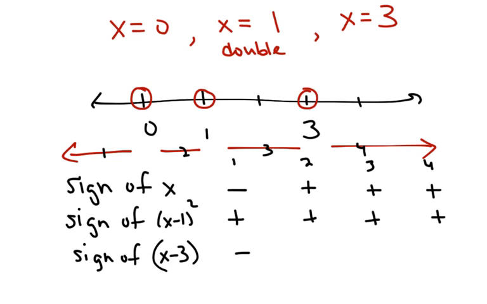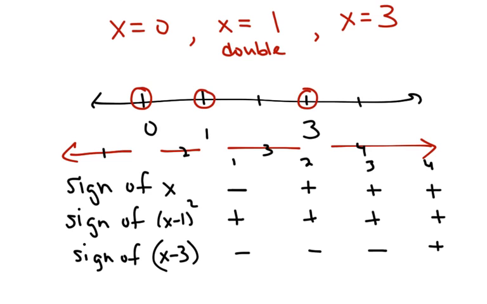In region 2, if I pick a number between 0 and 1, like 0.5, 0.5 minus 3 is negative 2.5. So in region 2, they're all going to be negative. In region 3, if I pick a number between 1 and 3, like 2, 2 minus 3 is negative 1. So it's also going to be negative. In region 4, when I pick a number bigger than 3, like 4, 4 minus 3 is 1. It's positive.